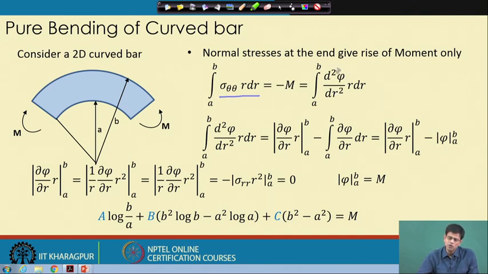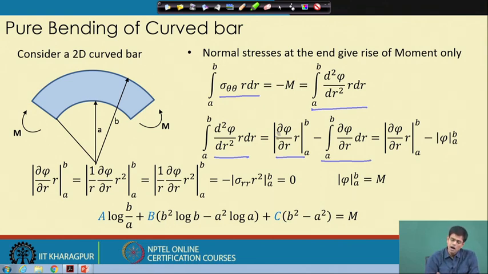So, this integral becomes this, and we need to evaluate it. We do it by integration by parts, where the first function is r and the second function is d2 phi by dr square.